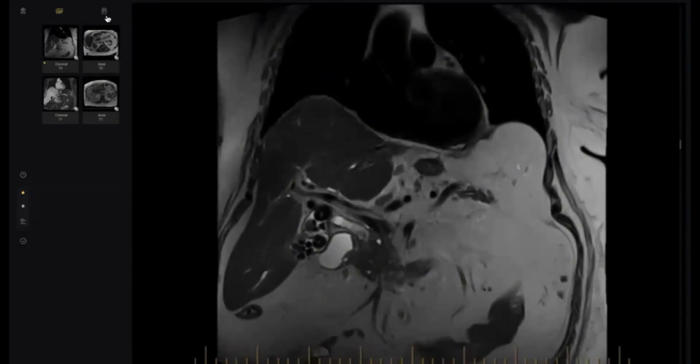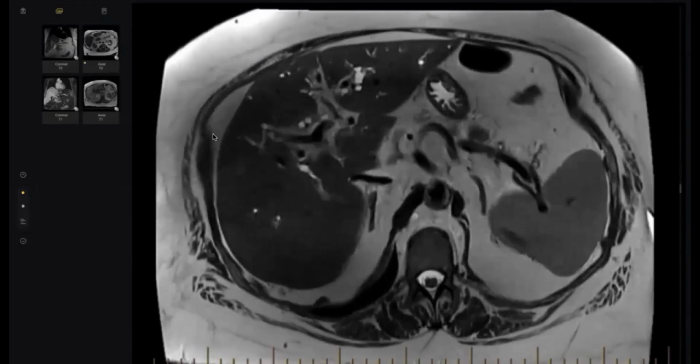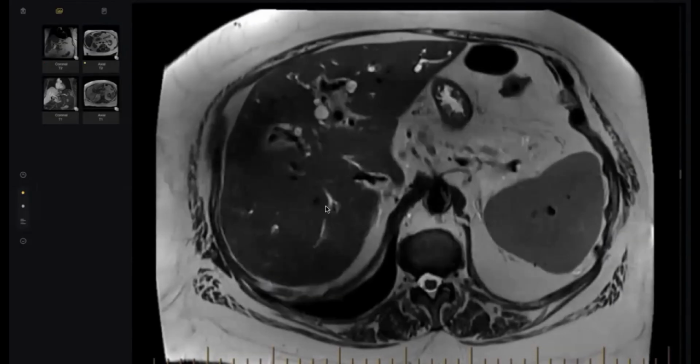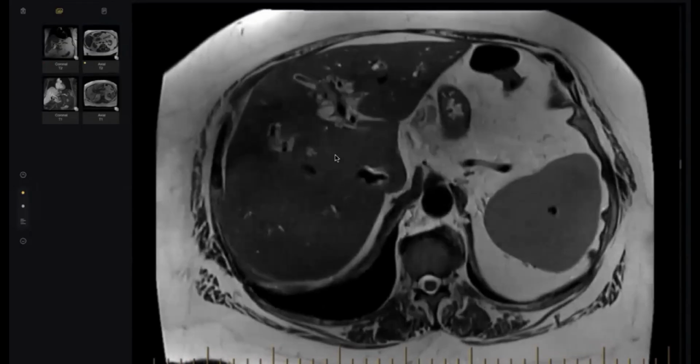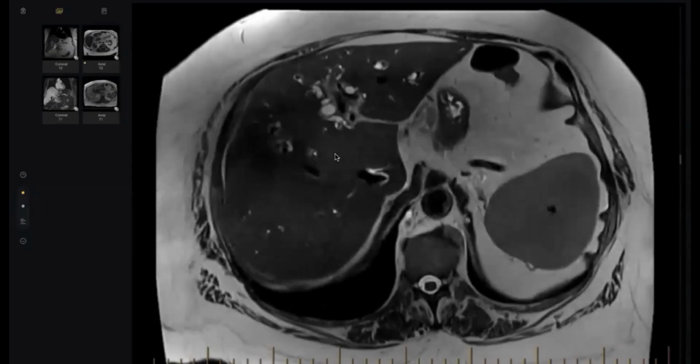Are you sure? Look here. There is mild dilatation here. Yes, there is dilatation of the intrahepatic biliary channels, mainly the right and left hepatic ducts.